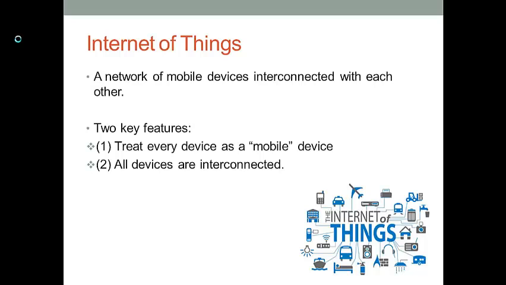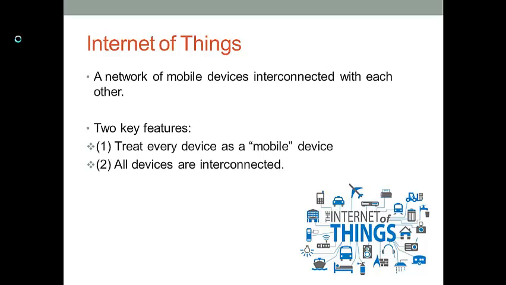For instance, a user's Tesla car will be treated as a mobile device in an IoT system. The smart TV set in a user's house will be treated as a mobile device as well. This is the first key feature of an IoT system. Every device will be treated as a mobile device.